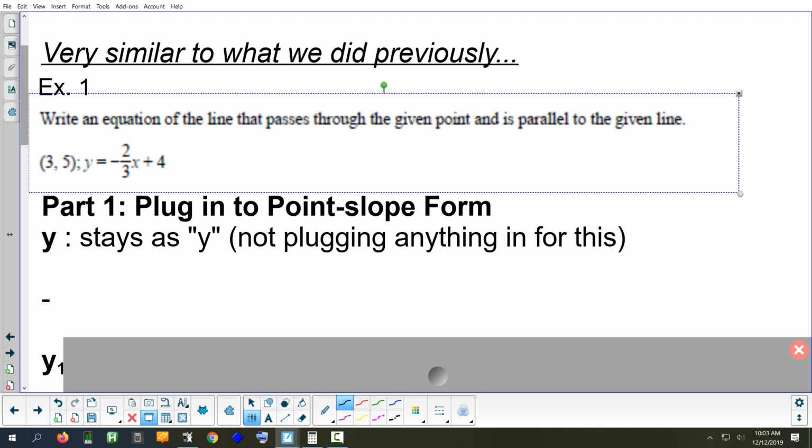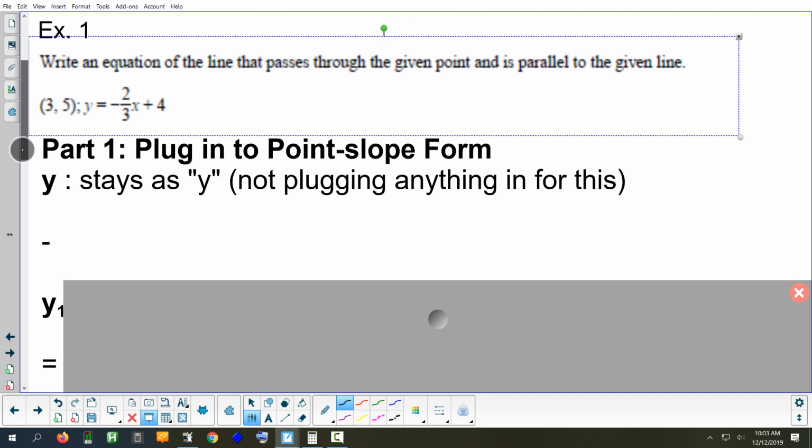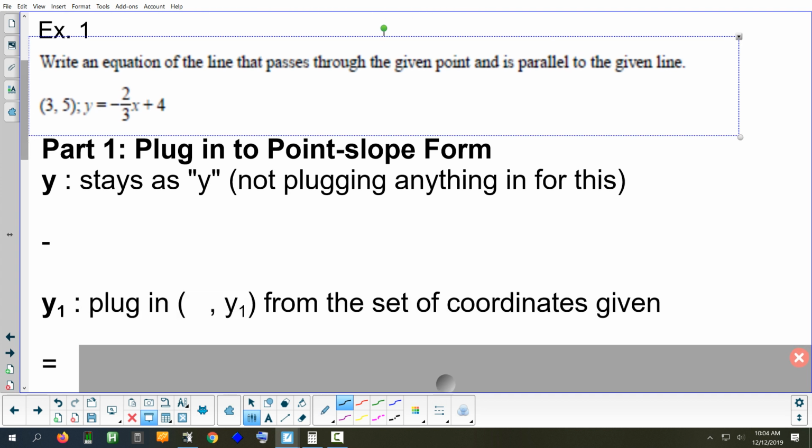So it's y, then it's minus y1. The y1, you have to plug in a number for that. Okay, where do you get the number? Same place we got the number yesterday. It's after the comma. So take the number after the comma and fill it in for y1.